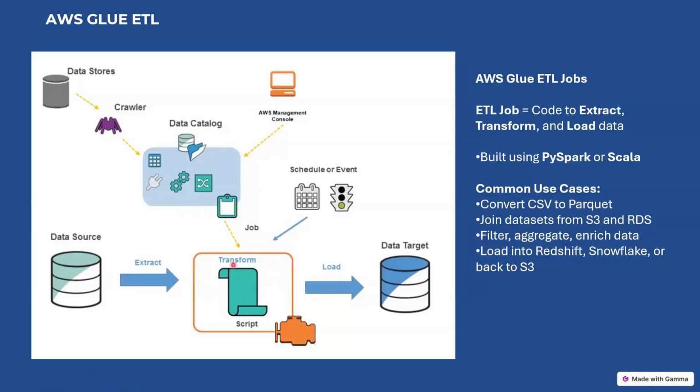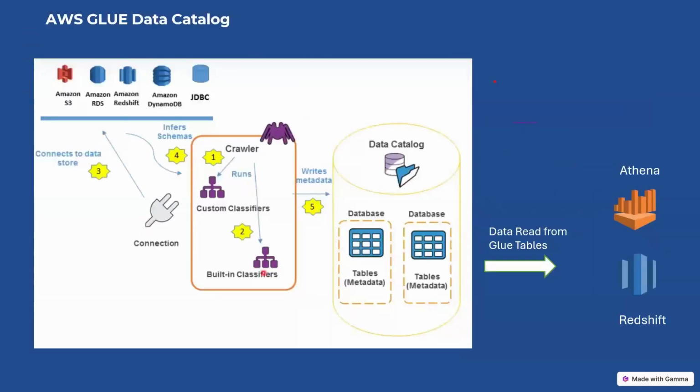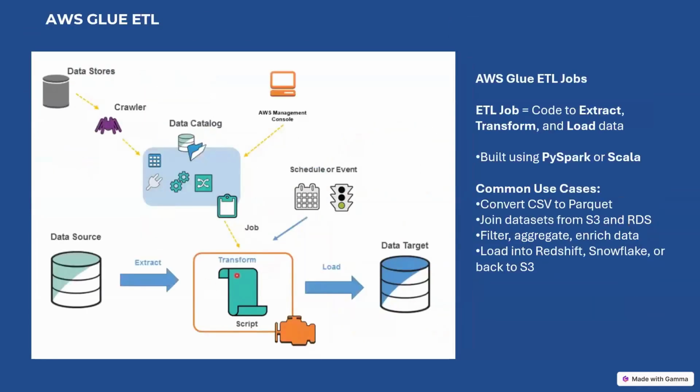If you go to their console, you see the join and other things, right? I will show that in some time. So that is one option: either you go visual-based or you apply the code-based solution, do the transformation, and load data into the target. So that's the purpose of Glue ETL, guys, right?